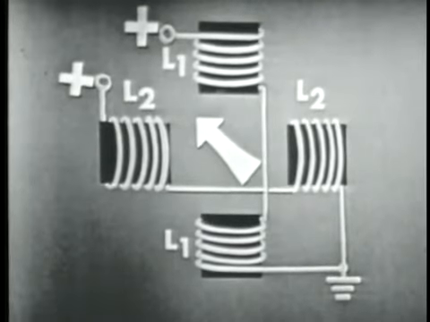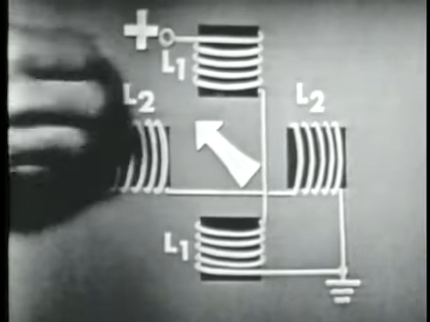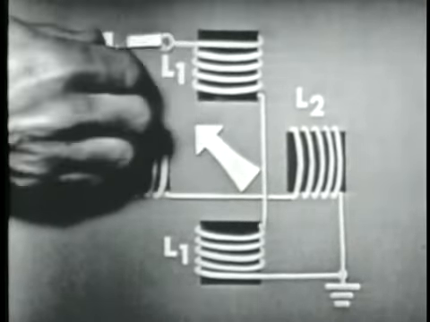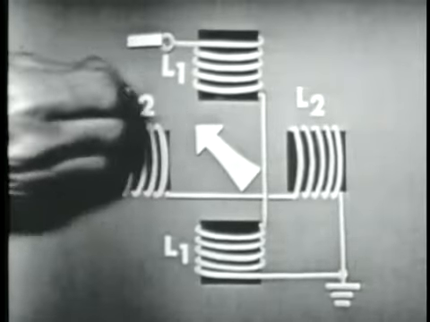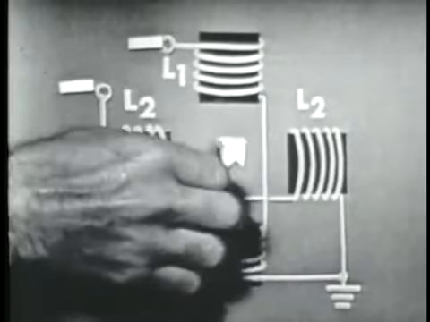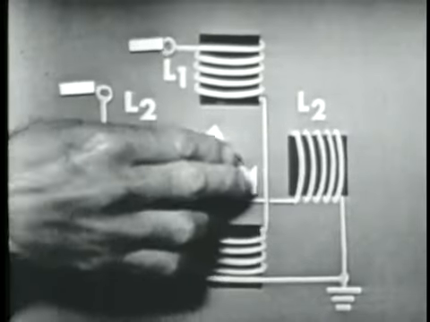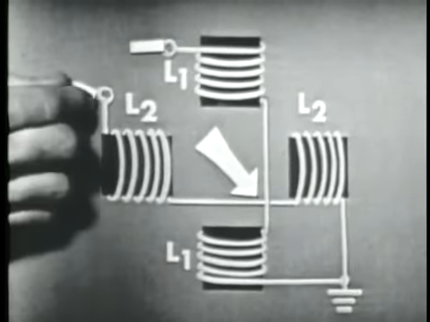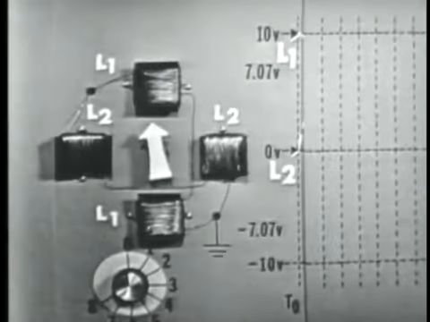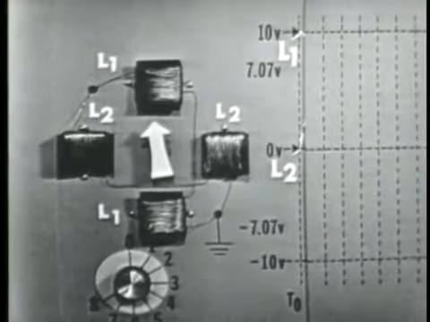And of course, if we reverse the polarity on both coils, going from positive to negative again, exactly opposite polarity, we reverse the direction of the magnetic field, causing it to move down and to the right.